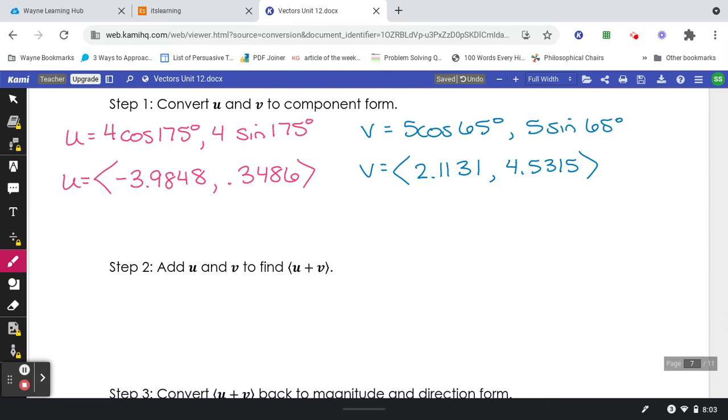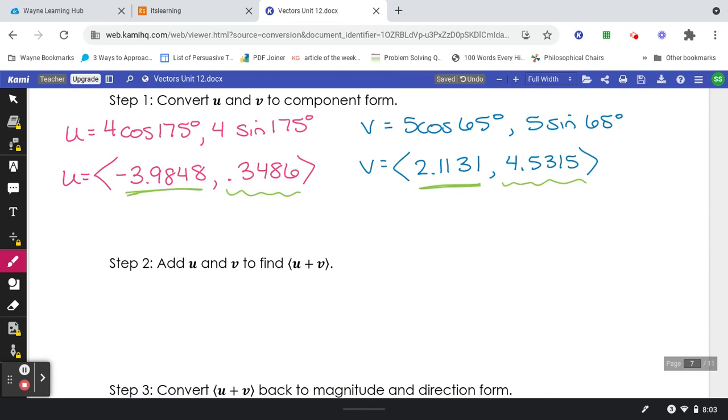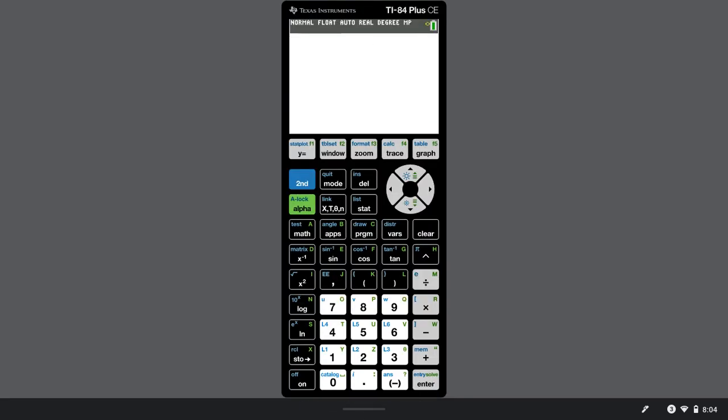Step 2 is we're going to add the u plus the v. And in order to do that, we're just going to add the first number and the first number. And then we're going to add the second number with the second number, just like we used to. I'll do that in my calculator. Negative 3.9848 plus 2.1131.